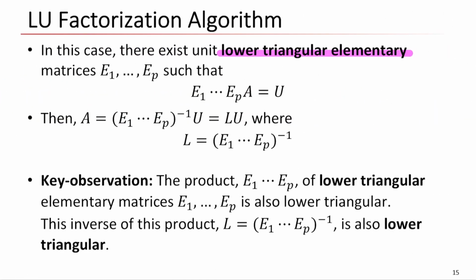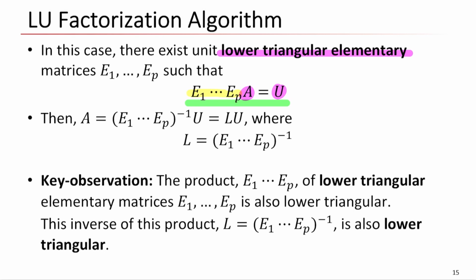So to row reduce the original matrix A into the matrix U, there are E1 through EP elementary matrices, right? So we can derive this whole procedure something like this, right?